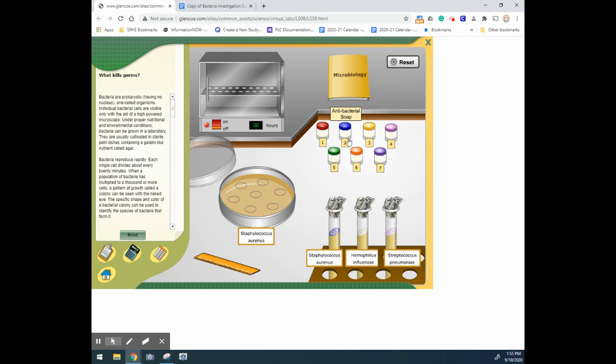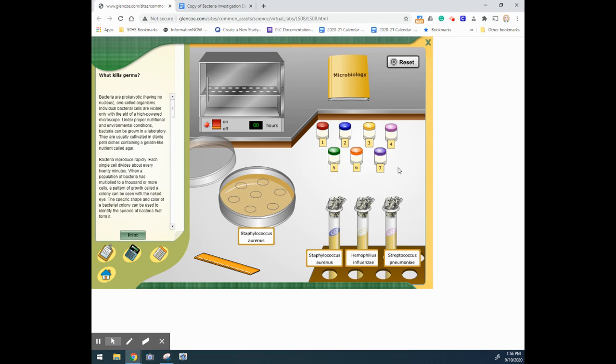Yeah, the type of antibacterial, whatever we're using. So the antibacterial agents are going to be your independent variable. And when it asked you to list them, it was going to be sterile filter paper, antibacterial soap, household bleach, disinfectant, penicillin, amoxicillin, erythromycin. So that was what you were supposed to list for the products.